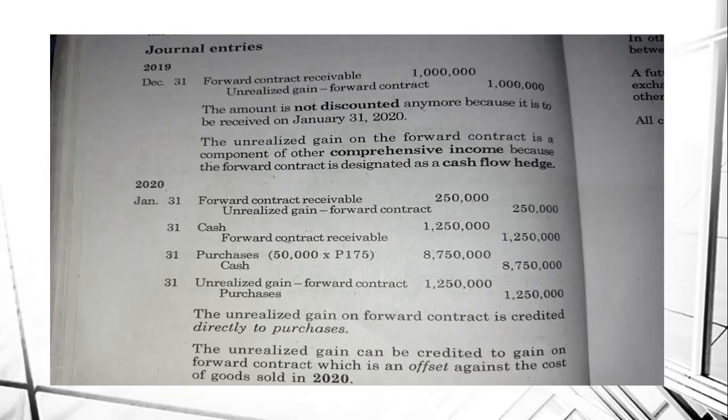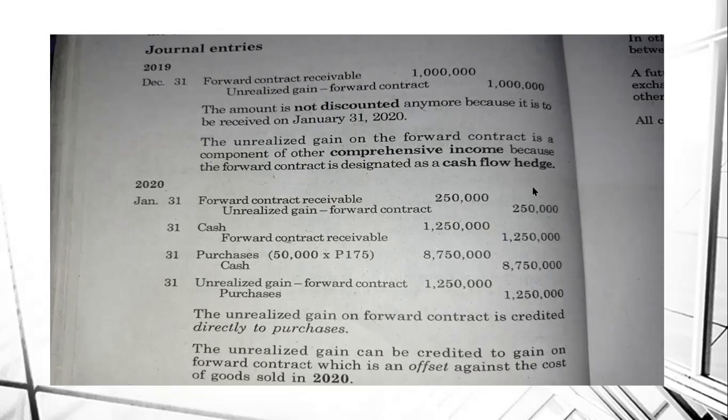The unrealized gain on the forward contract is a component of other comprehensive income because the forward contract is designated as a cash flow hedge. So this unrealized gain you recognize in OCI.